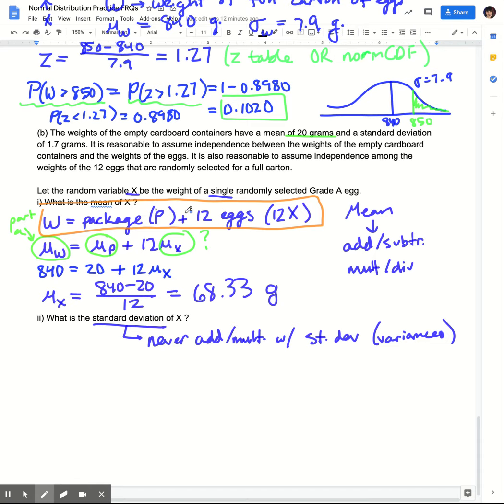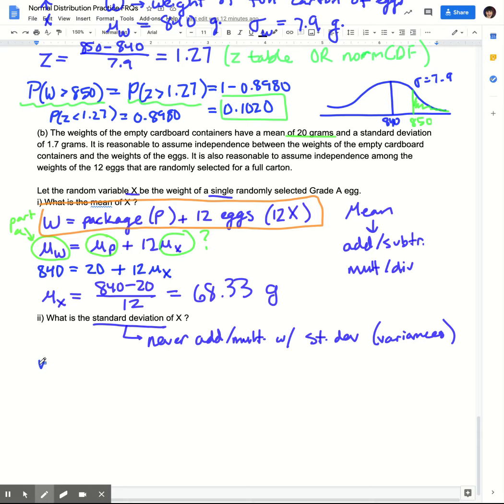We have the packaging and the eggs. Those are two individual normal distributions that we are adding together, that we are combining. So we can't add standard deviations. We have to deal with variances, right?